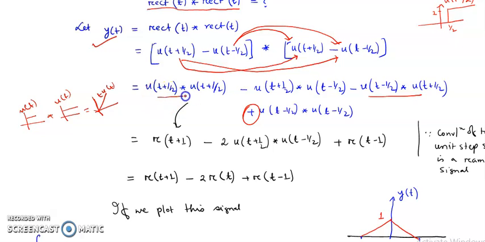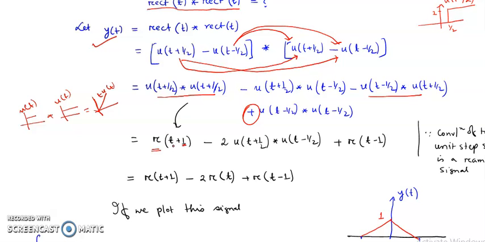Since these are two unit step signals, you can write r(t), but they are shifted signals, t plus half and t plus half. So the overall shift in the output will be t plus half plus half, which becomes 1. So the overall shift is t plus 1.